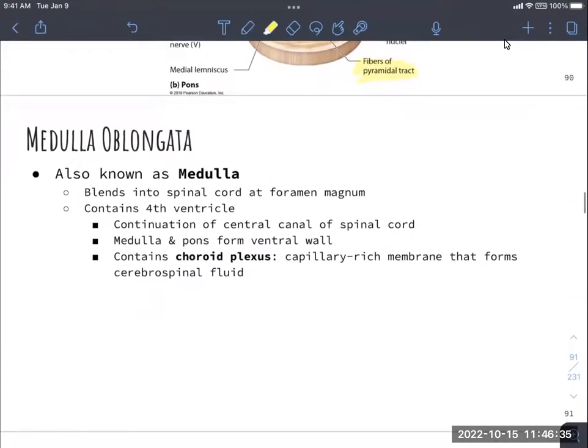Once again, medulla oblongata or medulla. This is found at the foramen magnum. So this is the lowest part of our brain and brain stem before we get to the spinal cord. That medulla oblongata has that fourth ventricle.